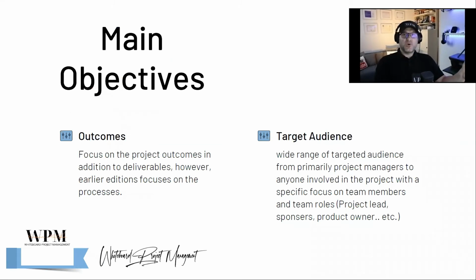The main objectives of the PMBOK Guide 7th edition are that it's more practical, more focused on the project deliverables and performance, and the target audience is wider. Now the target audience is not only the project managers. The target audience for the PMBOK Guide 7th edition is all people involved in the project.